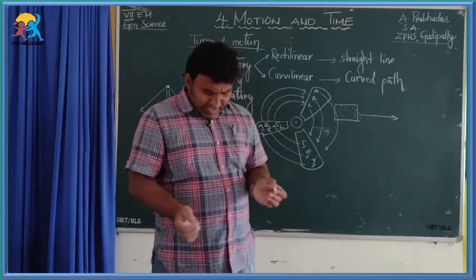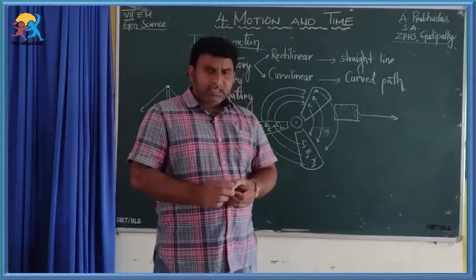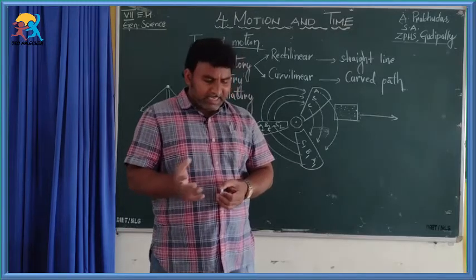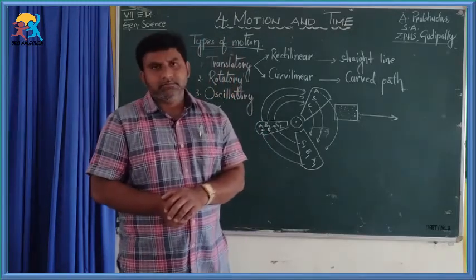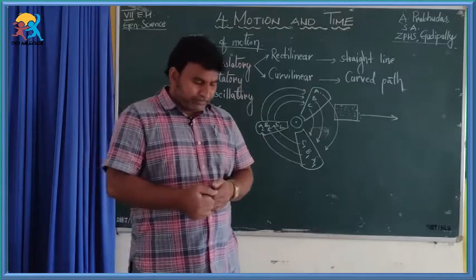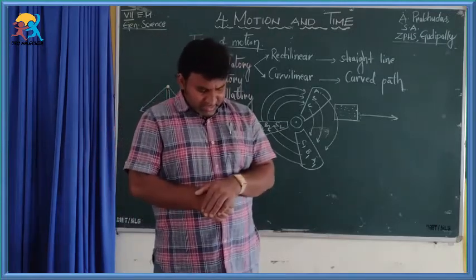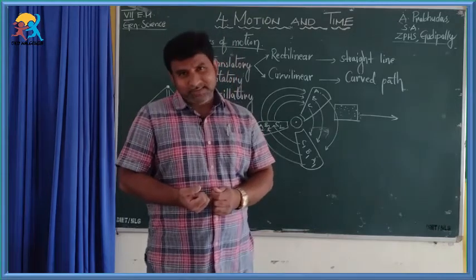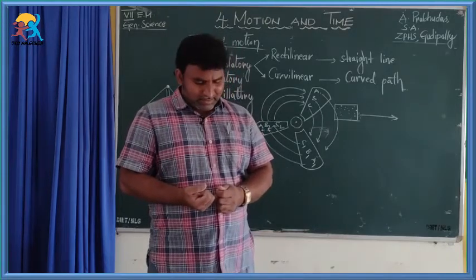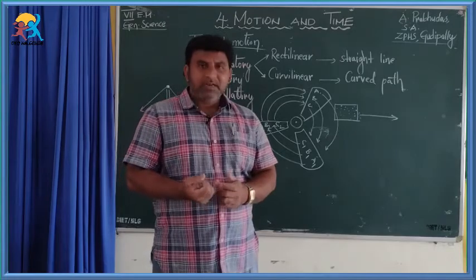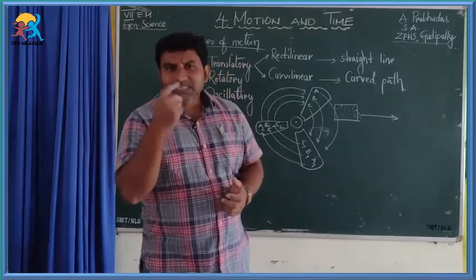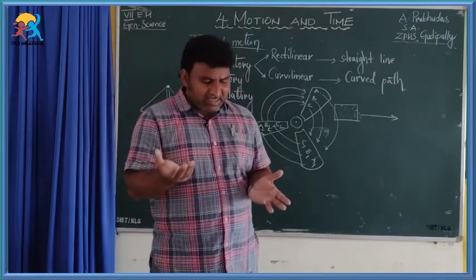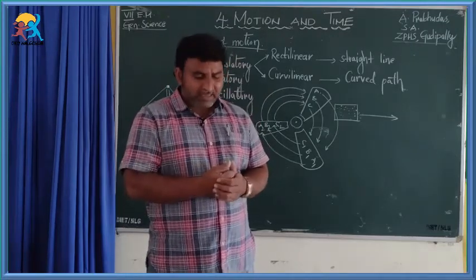Here on page number 36, you are asked to identify oscillatory motion among the given examples. First one is a spinning top. A top spins or rotates, but it does not show oscillatory motion.